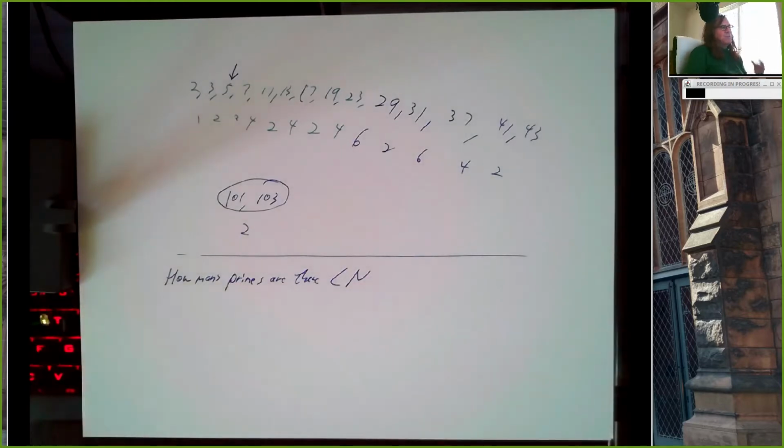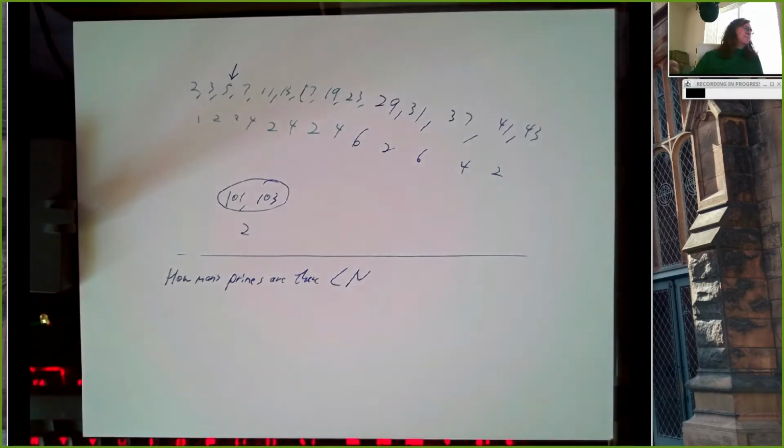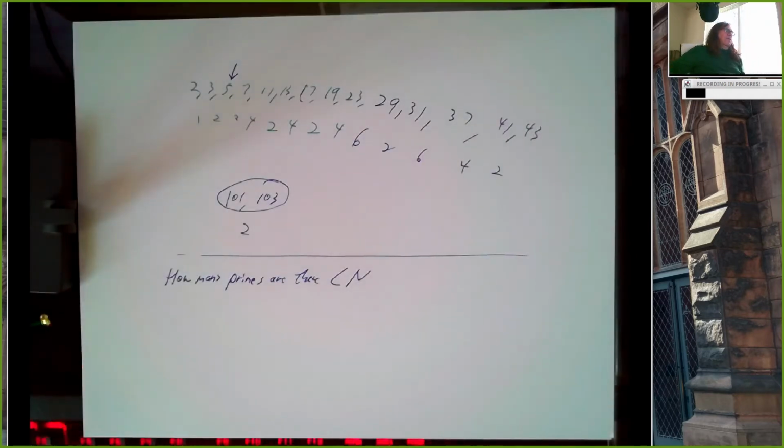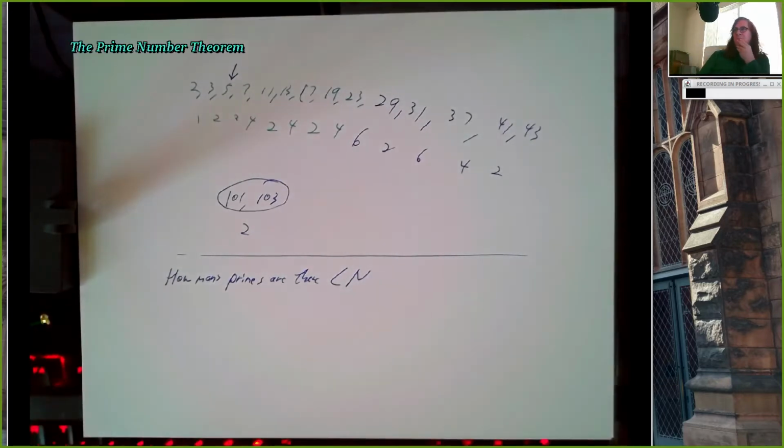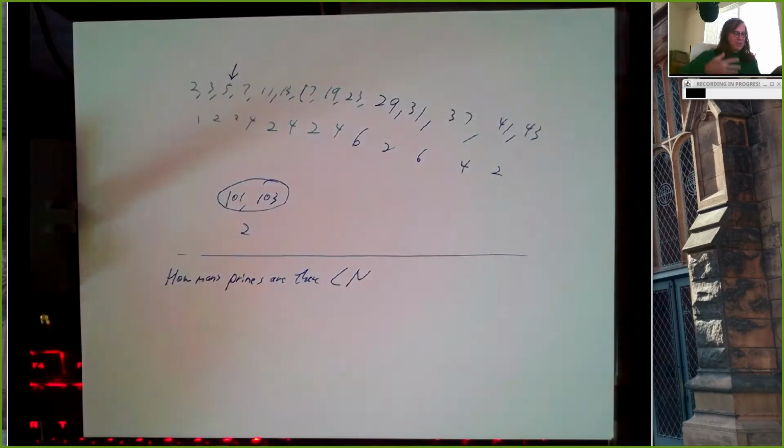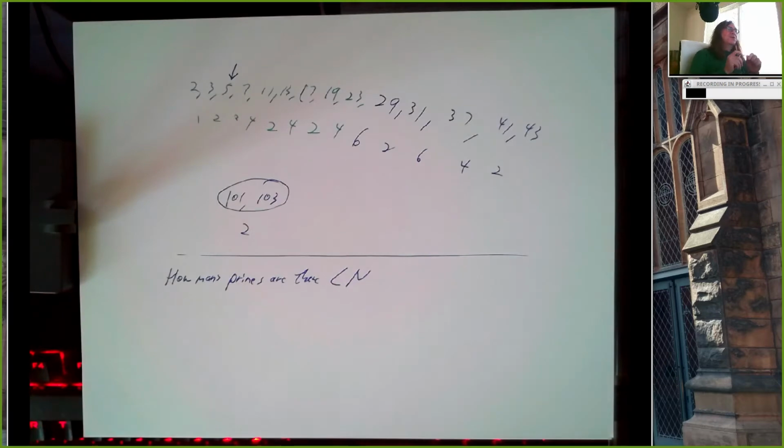So I could say, how many primes are there that are smaller than 100? How many primes smaller than 1,000 or 1,000,000 or 1,000,000,000? And this leads to something called the prime number theorem. And this is a wonderful theorem that really shows you that there's something weird going on here.